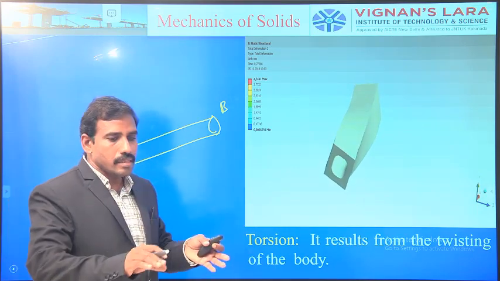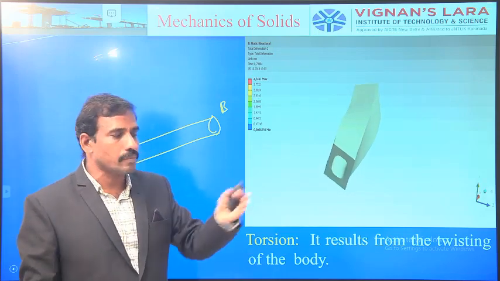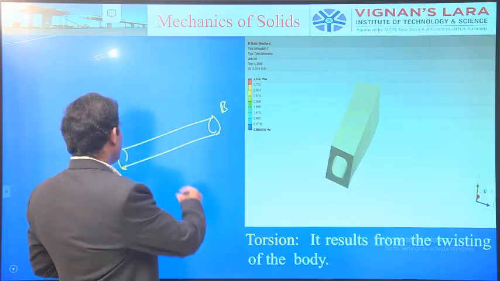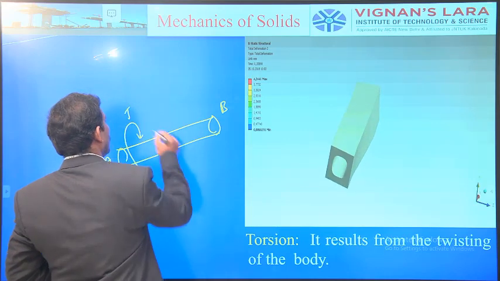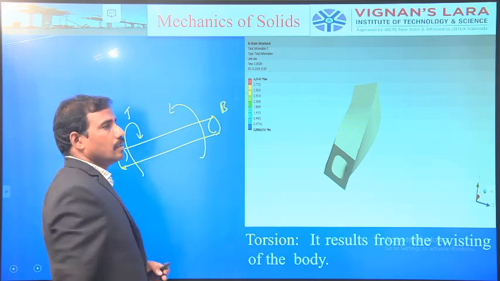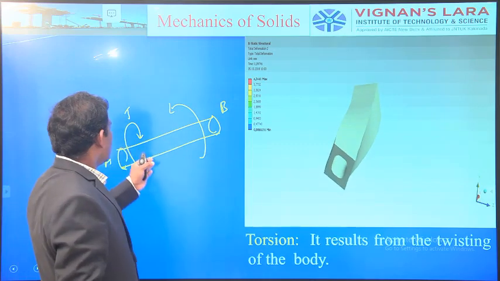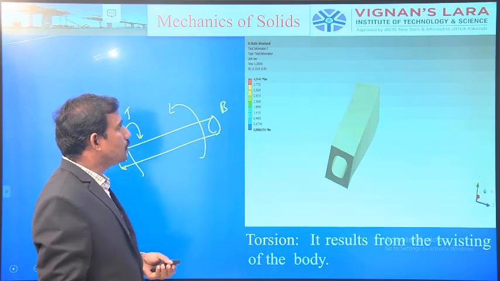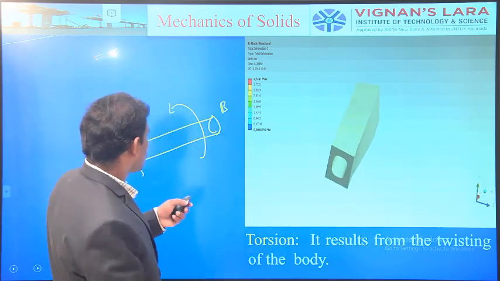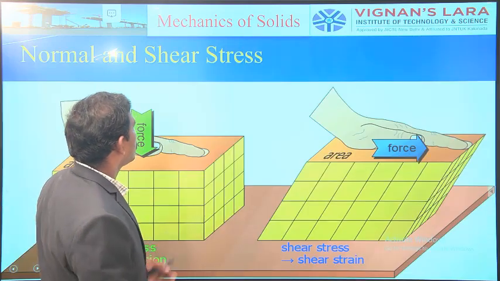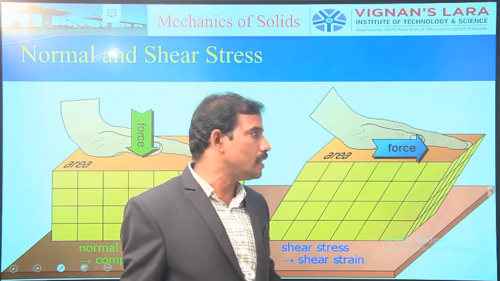A shaft rotates, and there are many belts to transmit the power from one place to another. That rotation is caused by the applied torque. Whenever a torque is acting, a certain amount of stress and strain is induced, called torsional stresses.